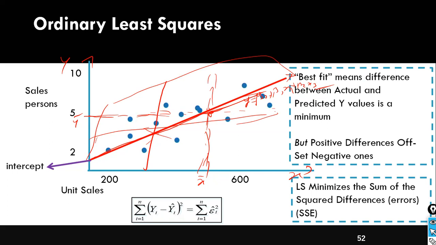Okay. See, there are two things. One is, what do you mean by best fit line or the ordinary least squares method? How is the best fit line determined in the case of a linear regression model?